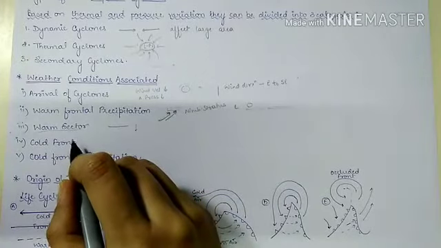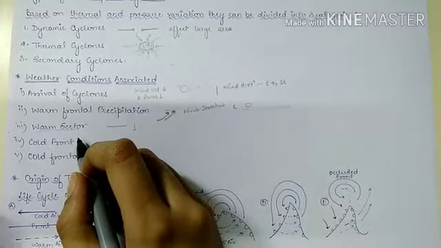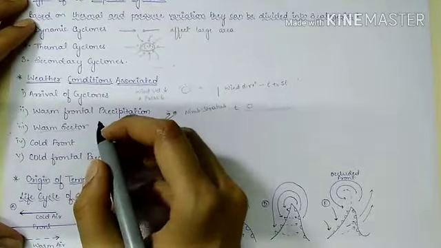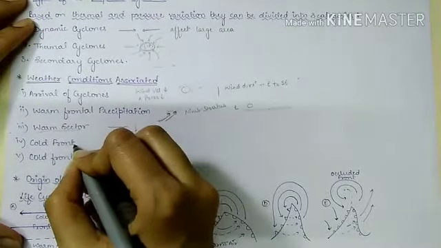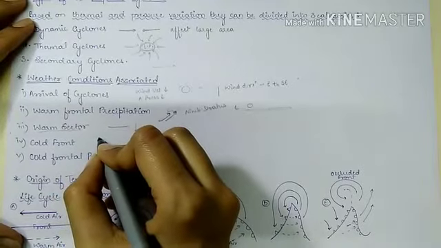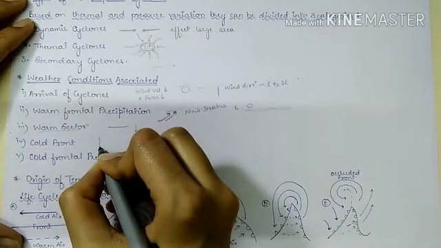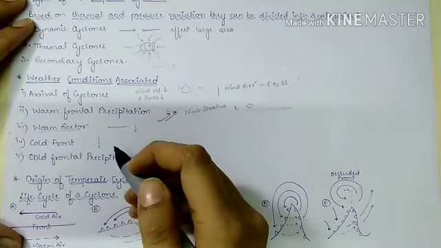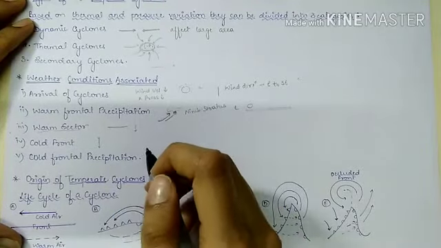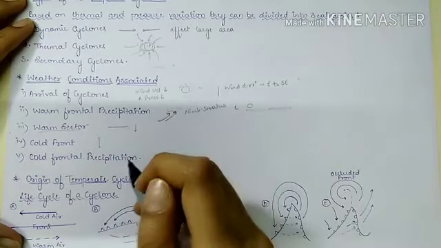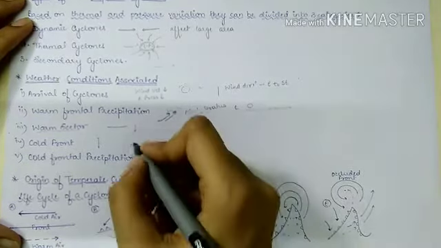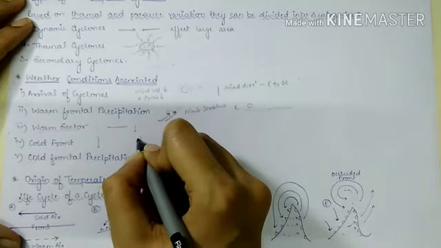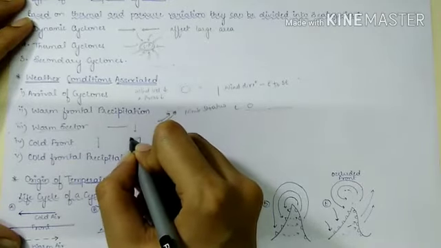Now we will move over to cold fronts. So during cold fronts, the registered temperature remarkably decreases with the arrival of cold front. Okay, and there is change in wind direction from southerly to southwesterly and westerly. So if the wind is moving in southern direction, then it will move to southwest or west direction.